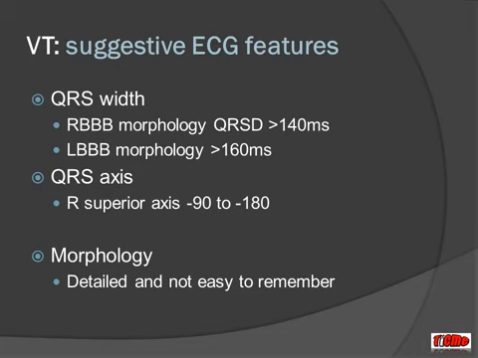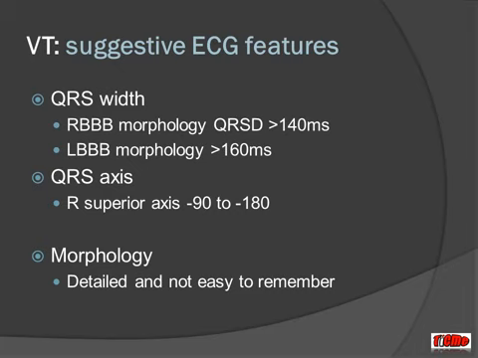So what else is there? Well, there's lots of morphological features which become very complex. Some of the more simple ones include the QRS width. So if you have a right bundle branch morphology ECG with the QRS duration greater than 140 milliseconds, it's suggestive of VT.